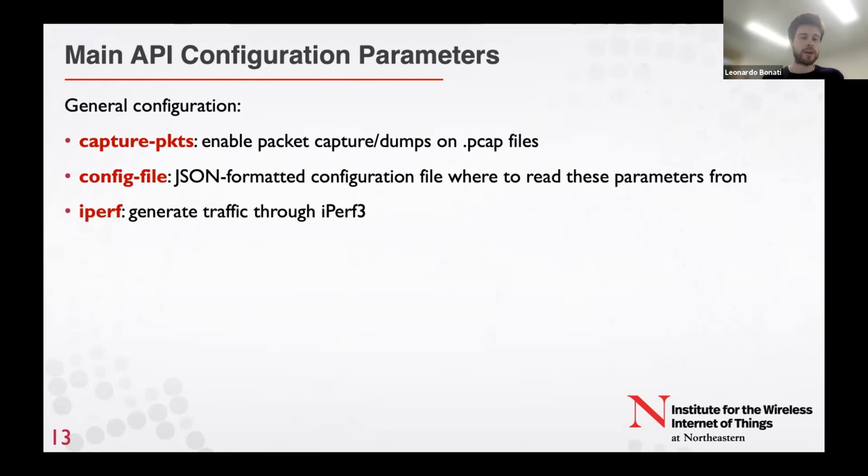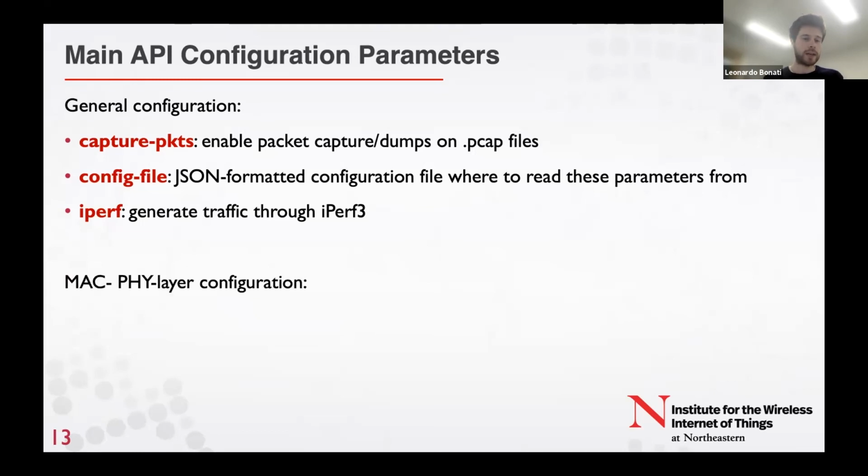We have a parameter that allows you to automatically start iperf application clients and servers between users and base stations. So you can automatically run a job where the base station will start, and then users will start as well, connect to the base station, and they will run iperf applications and exchange data. This is very handy if you're using automatic jobs and collecting data offline after the job is over.